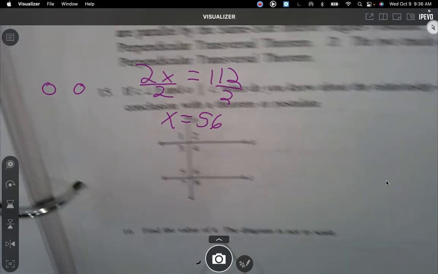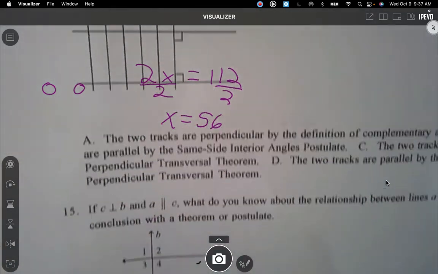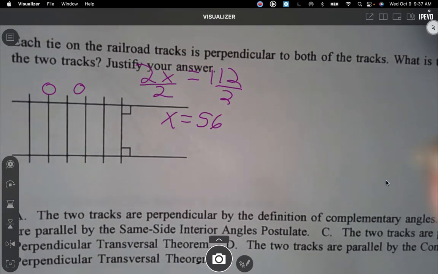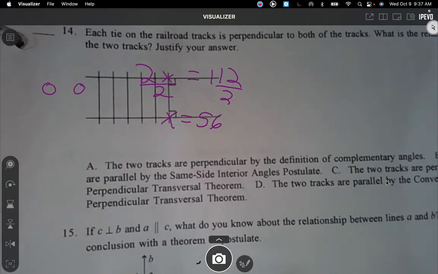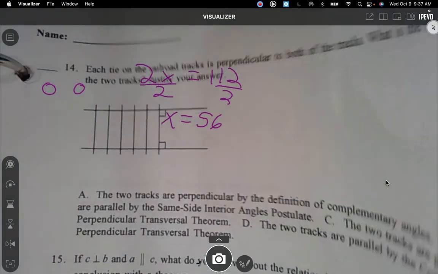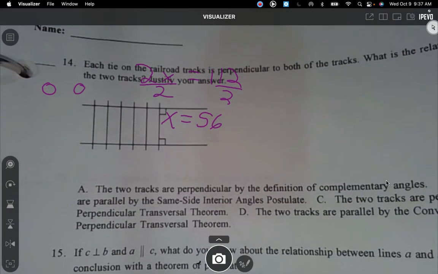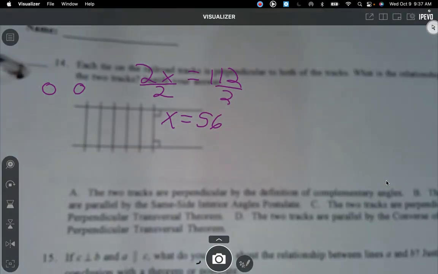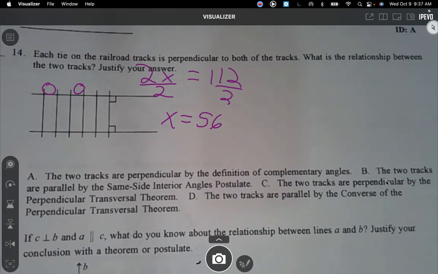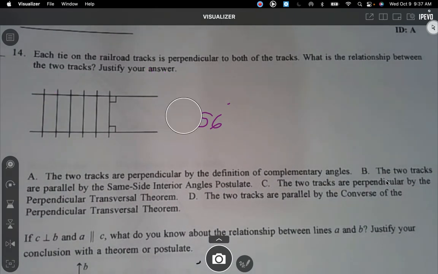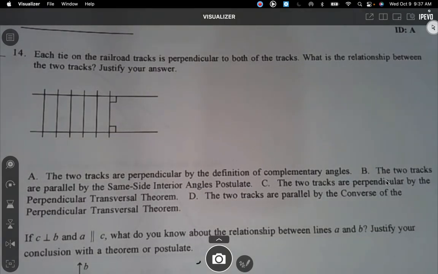Alright, I know 14 and 16. Okay, 14 and 16. Did I tell y'all if that one was going to be on there? Okay, so 14, it says that you've got a railroad track, and it says that each tie on the track is perpendicular to both of the tracks.